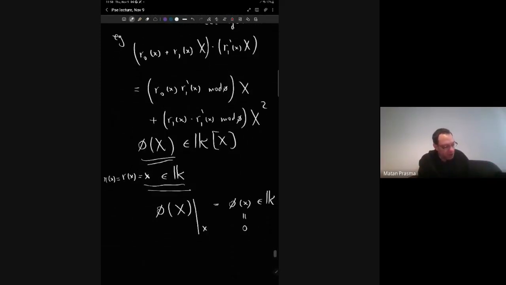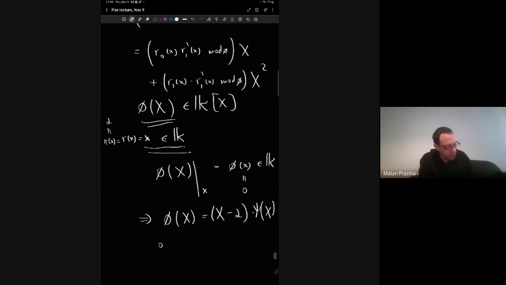So all in all, I get that this element, which we later denoted as alpha, is a root of phi(x). So I can write phi(x) as (x minus alpha) times some psi(x) over K. Okay, and this is the heart of the matter.